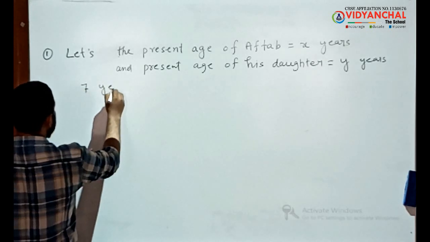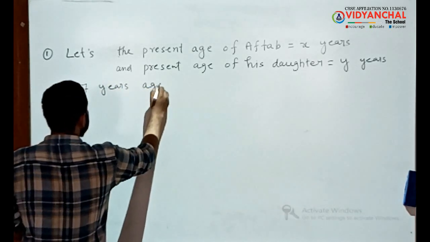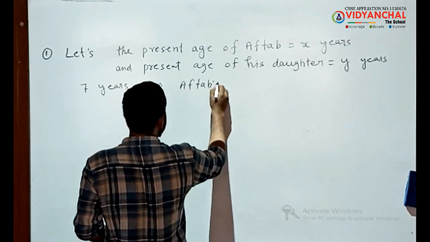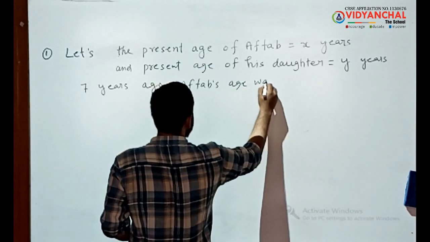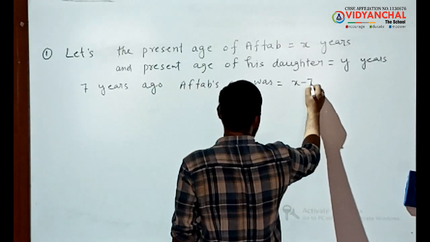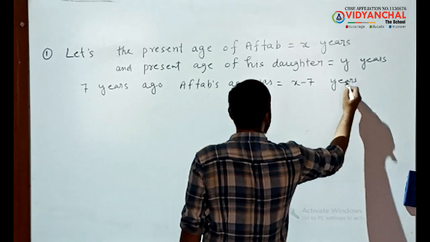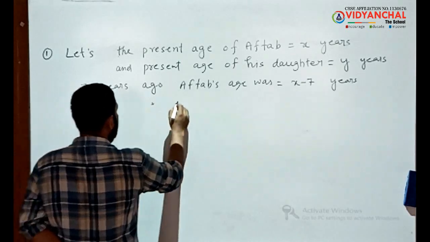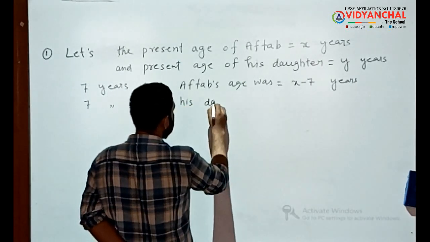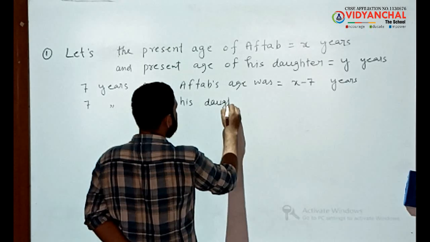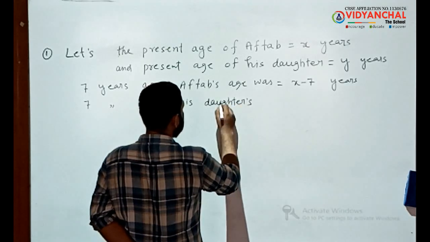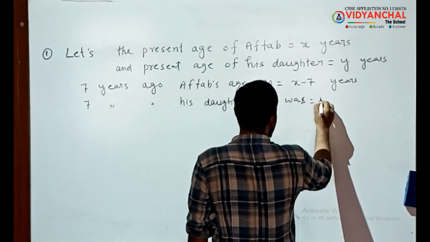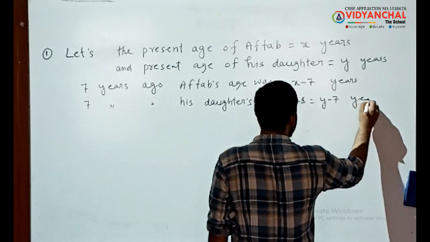7 years ago Aftab's age was definitely X minus 7. And 7 years ago, his daughter's age was Y minus 7 years.